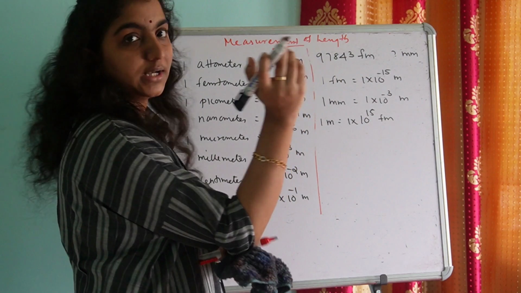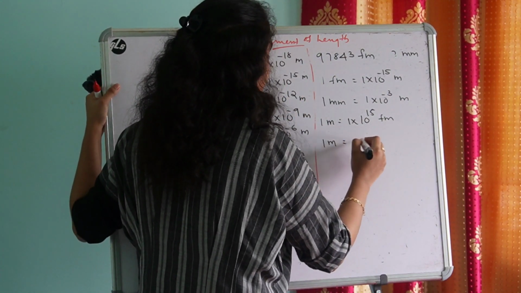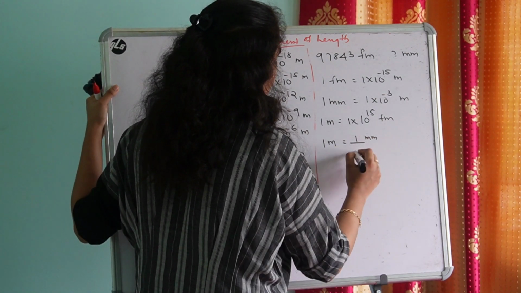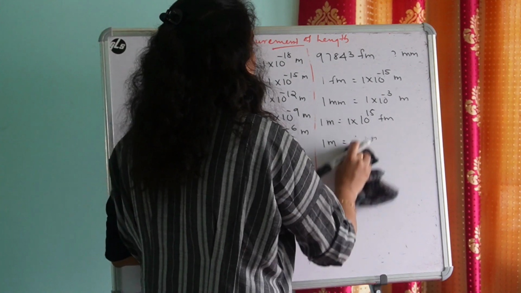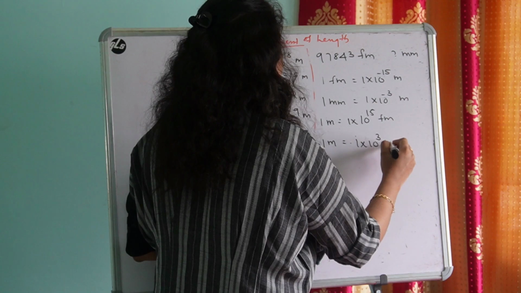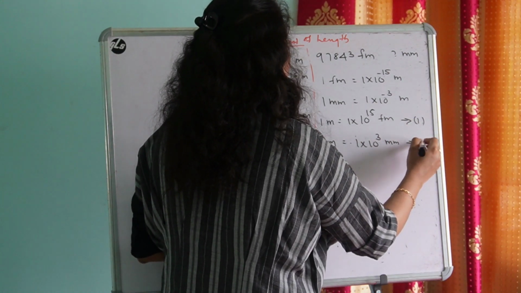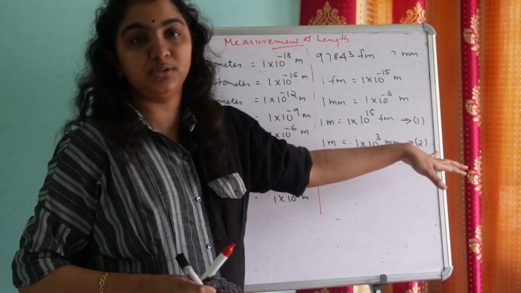Yes. Is this step clear? Now, what is 1 meter in millimeter? 1 millimeter divided by 10 power minus 3 meter. So this also becomes 1 into 10 power 3 millimeter. So the first one be equation 1 and the second one be equation 2. Is it clear up to this step?